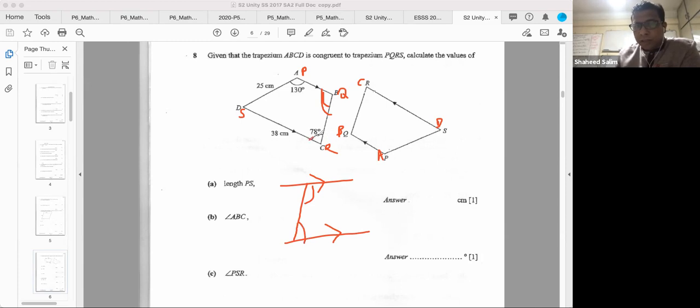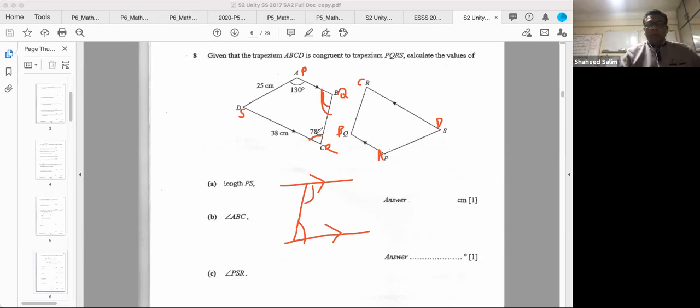So this and this add up to 180. The 180 minus 78, you get your answer. Okay, good.